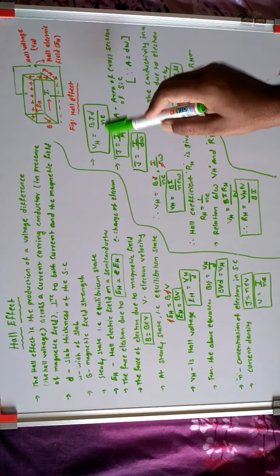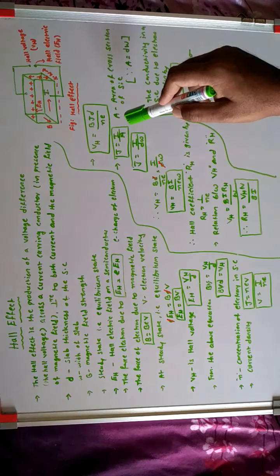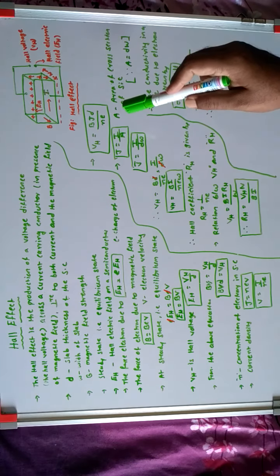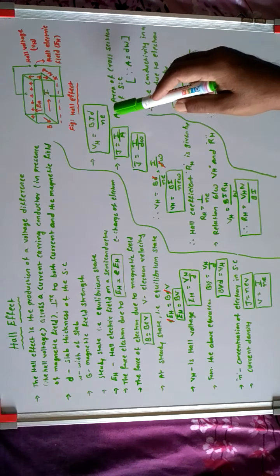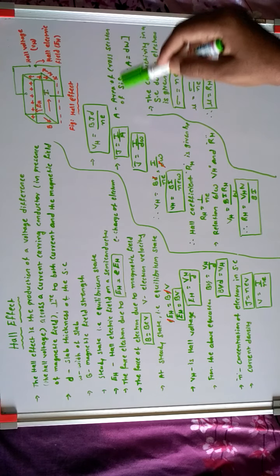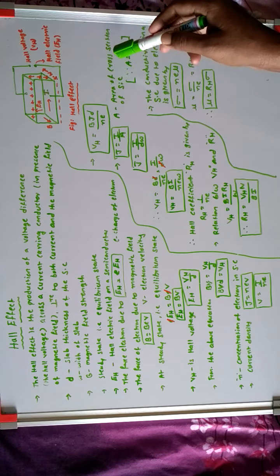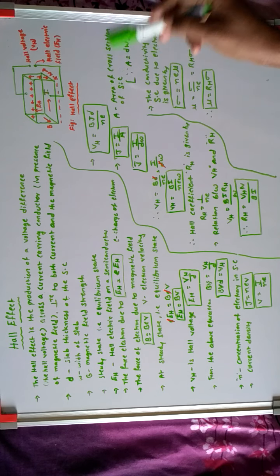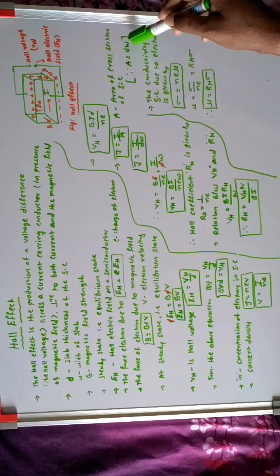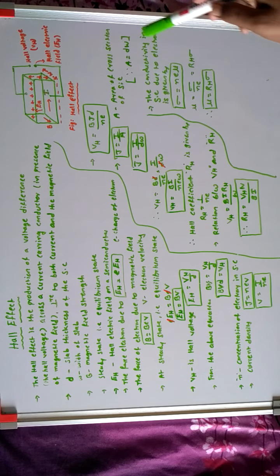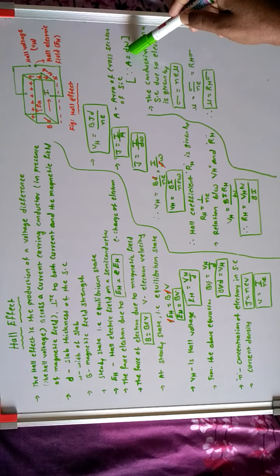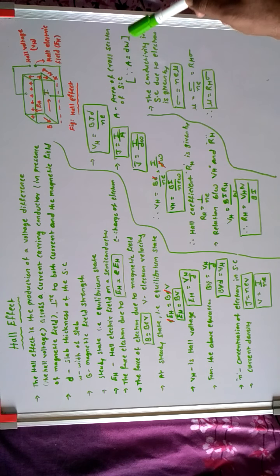Actually, current density J equal to I by A, the current carried by a conductor across the area of cross section of the semiconducting material. Here A is the area of cross section of the semiconductor. Therefore A equal to dW, the slab thickness into the width of the semiconducting material.